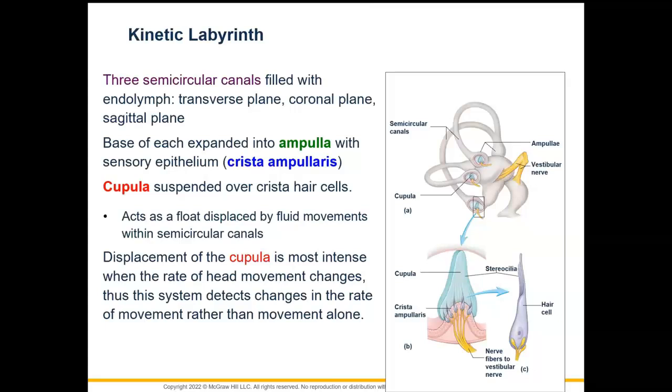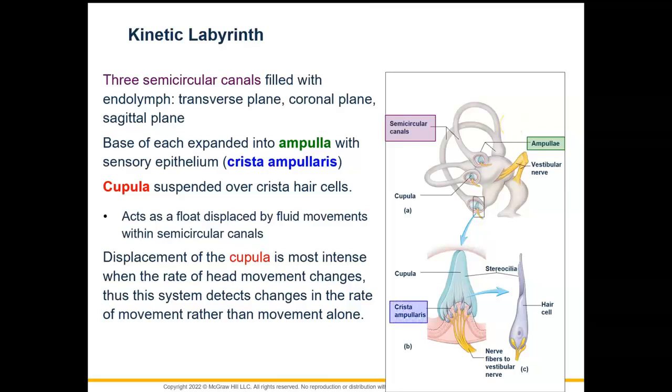Now for our kinetic labyrinth, remember that consisted of our three semicircular canals that are going to be filled with endolymph. So we have a transverse plane, a coronal plane, and a sagittal plane. And the base of each expanded will consist of an ampulla with sensory epithelium called a crista ampullaris.